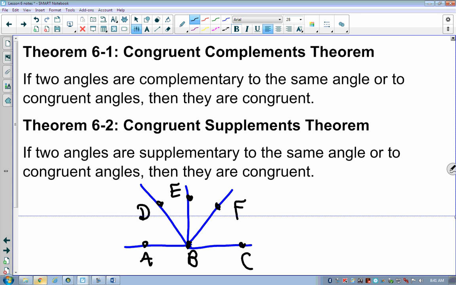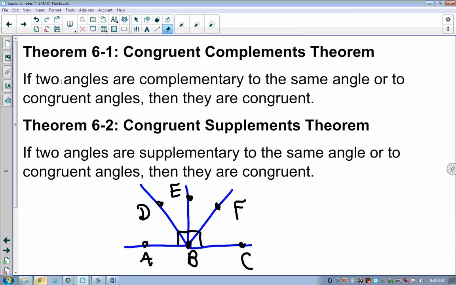So if I had something like that, those two angles are complementary. And angle CBE and angle EBF are complementary. Now, that may not be a perfect example, but we could see where two angles that are complementary with the same third angle are going to be complementary to each other.